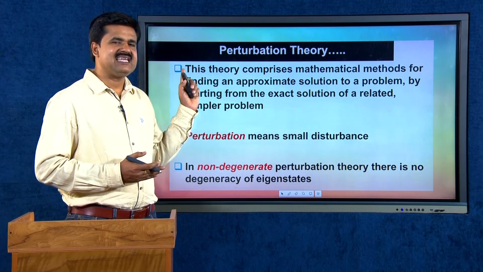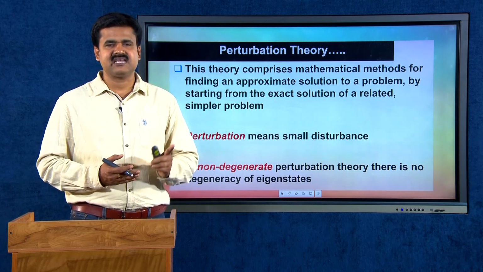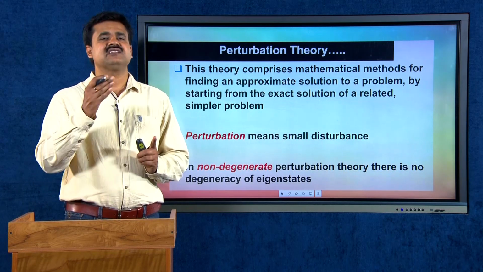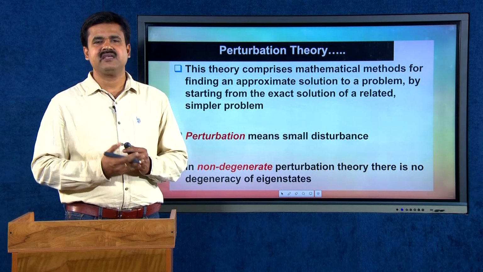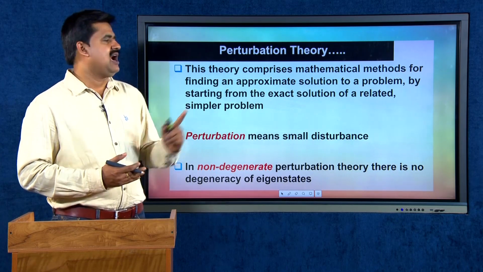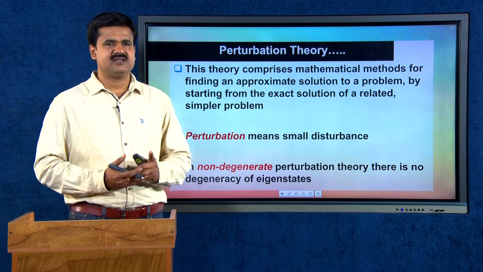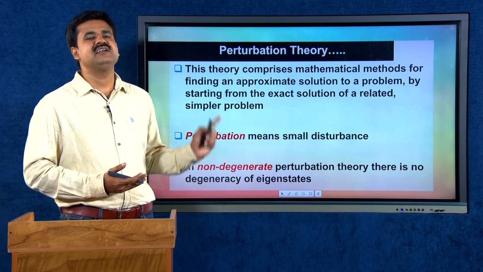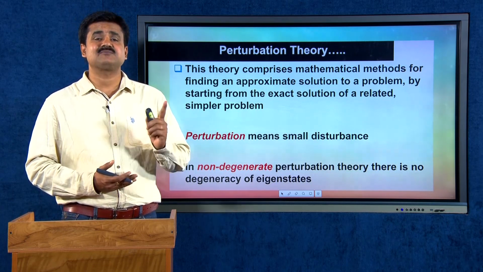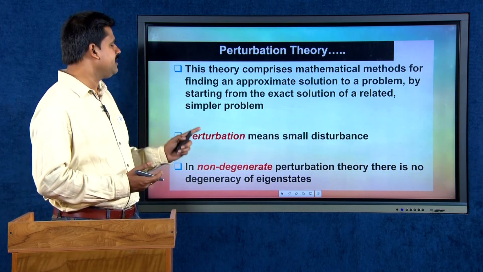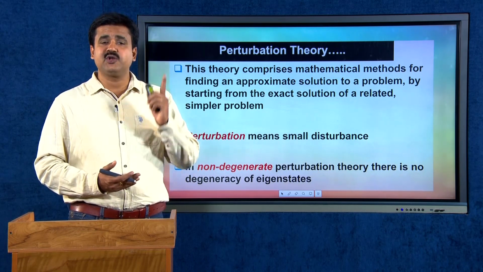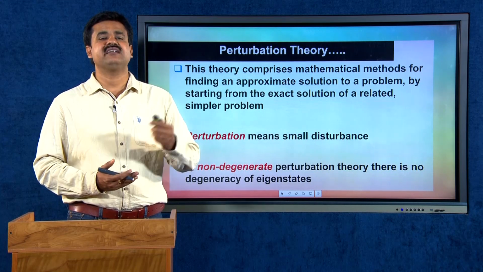This point I illustrated by considering the case of particle in 1D box with the slanted bottom, the solution of which is obtained by beginning from particle in 1D box with the regular bottom. And the word perturbation is very significant. The word meaning is small disturbance. Perturbation means small disturbance. In non-degenerate perturbation theory, there is no degeneracy of eigenstates.